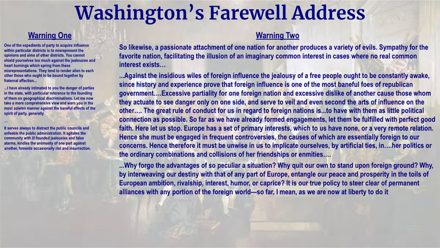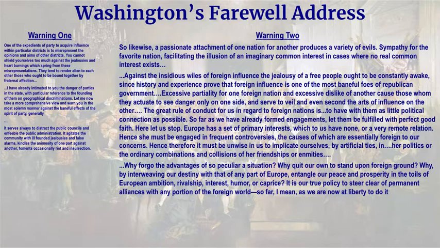Against the insidious wiles of foreign influence, the jealousy of a free people ought to be constantly awake, since history and experience prove that foreign influence is one of the most baneful foes of Republican government. Excessive partiality for one foreign nation and the excessive dislike of another cause those whom they actuate to see danger only on one side, and serve to veil and even second the arts of influence on the other.